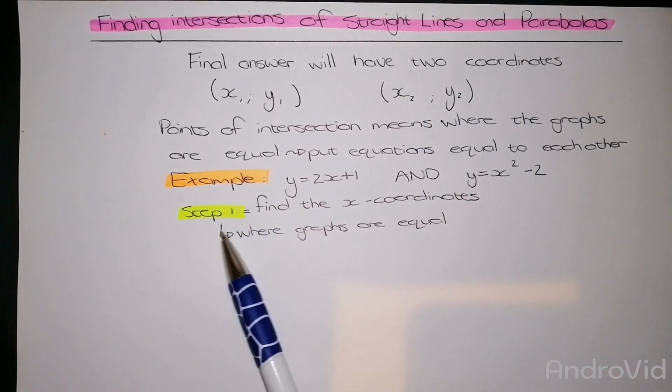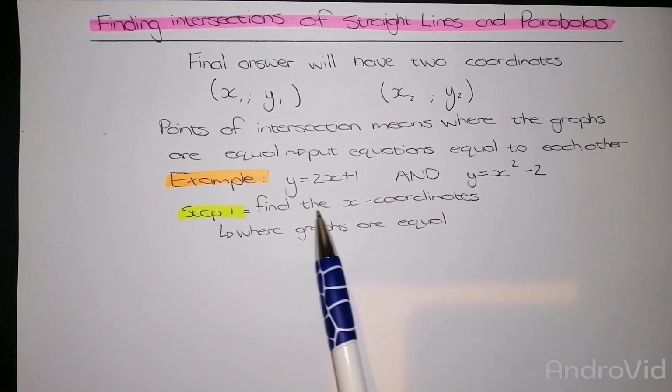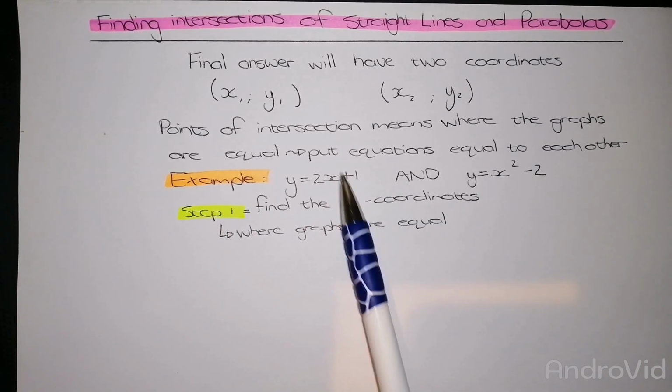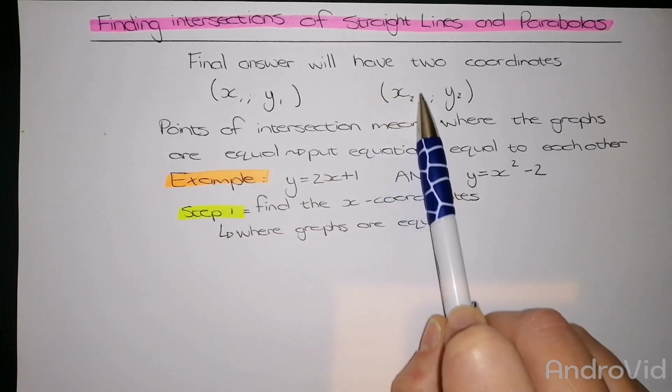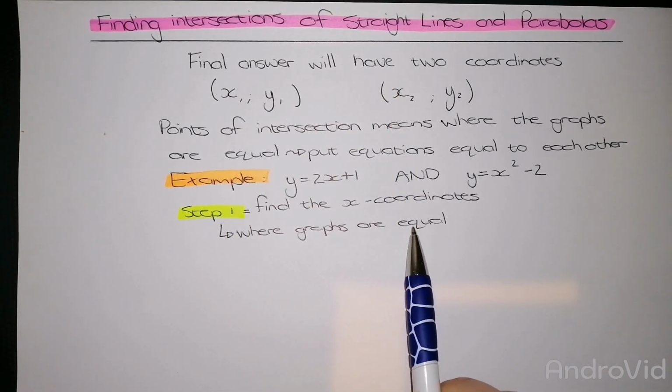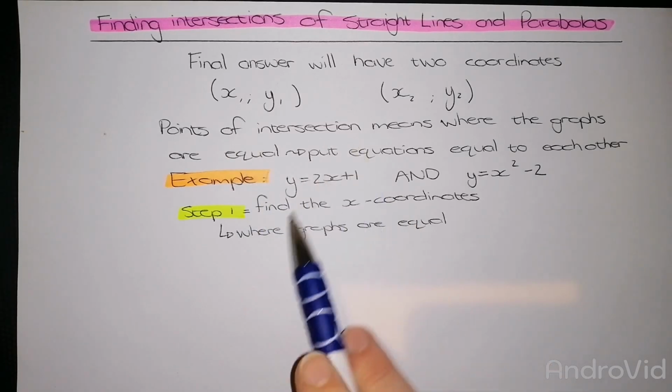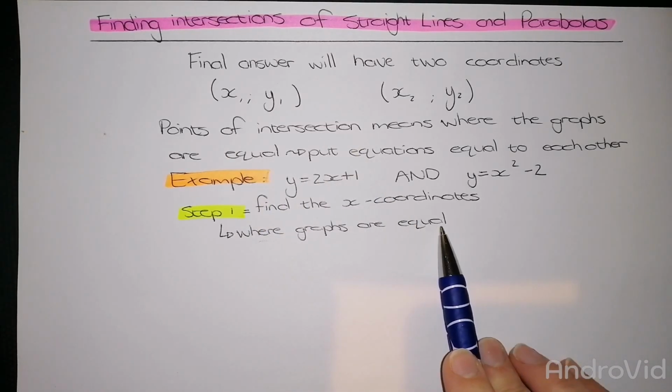So step 1 to find the points of intersection is we need to find the x coordinates for the first coordinate as well as the second coordinate. Once again, when we find the points of intersection, it is where my graphs are equal.